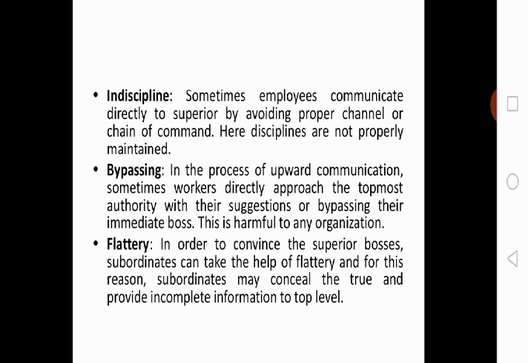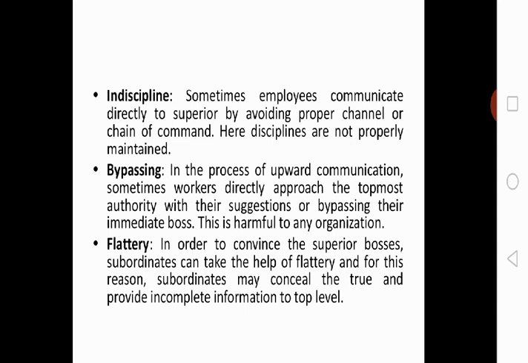Indiscipline. Sometimes employees communicate directly to the supervisors by avoiding the proper channel. This is a big issue which may happen in the upward communication. Here disciplines are not properly maintained. Now next is bypassing. This is related to the indiscipline.